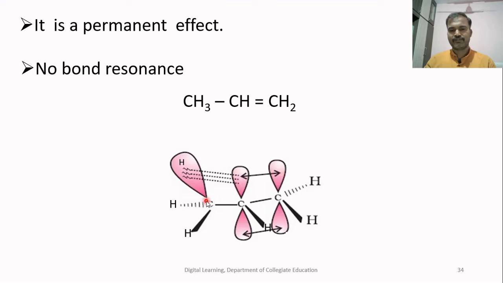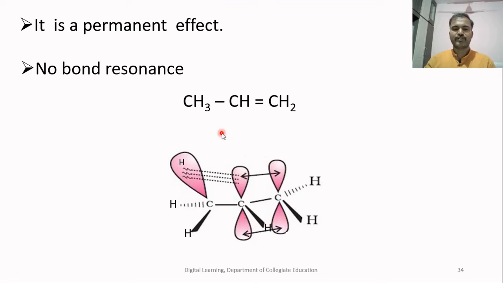As a result, the sigma electron of this carbon-hydrogen bond interacts with the p orbital, and this is what we call hyperconjugation or no bond resonance. Hyperconjugation stabilizes the molecule.